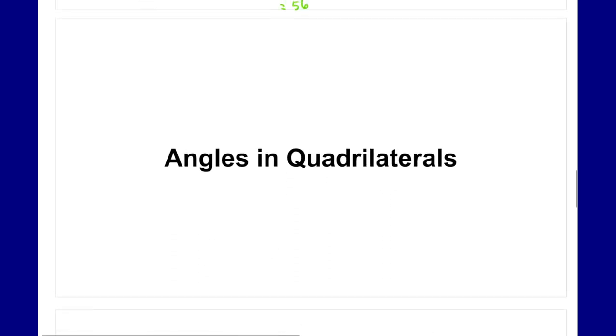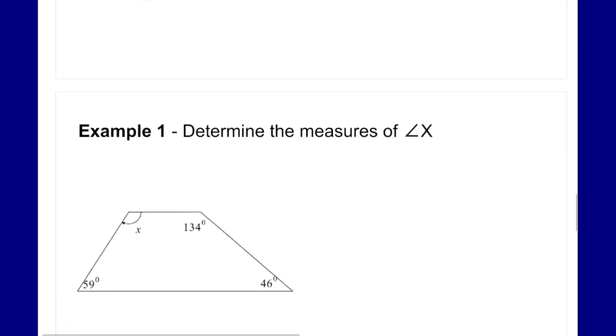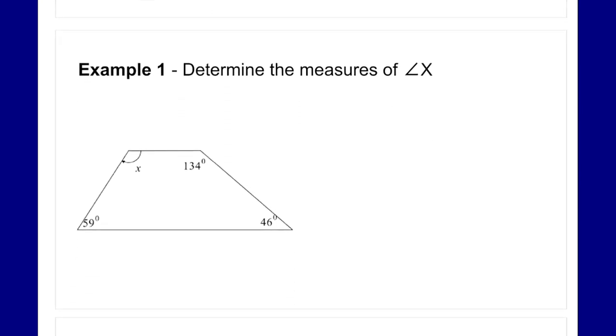We're going to move on to quadrilaterals, and this is going to be very similar to what we just looked at in triangles, just some differences. So the first thing we want to do is determine the measure of angle x. Basically, we want to figure out what angle x equals.